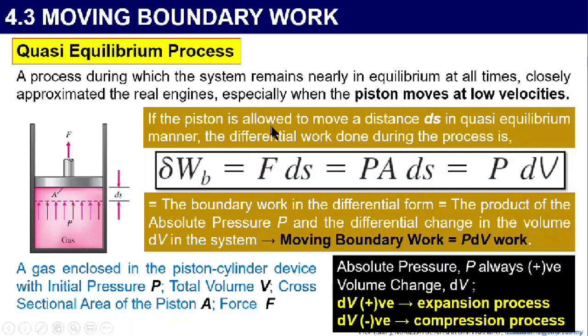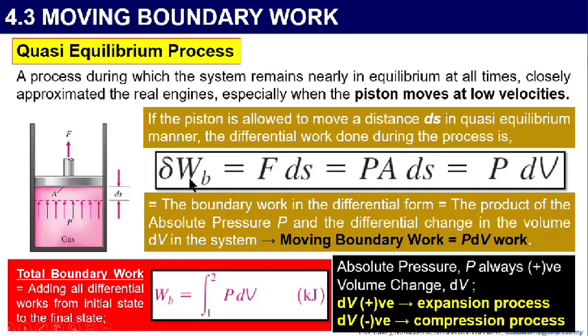If the piston is allowed to move a distance ds in a quasi-equilibrium manner, the differential work done during the process is W_B, where B is boundary and W is work, equal to force times distance ds. F is associated with pressure times area, so F ds is P A ds, which equals P times dV.